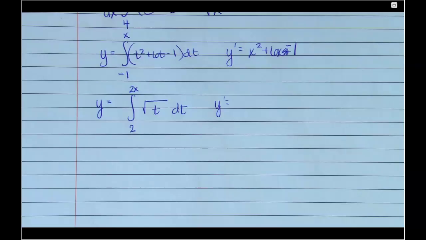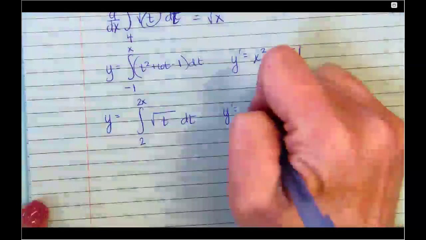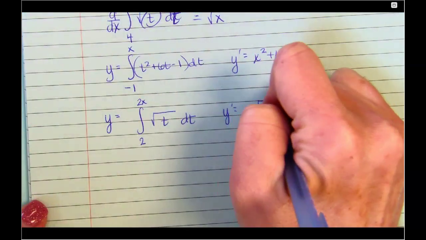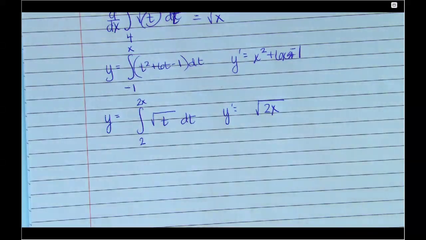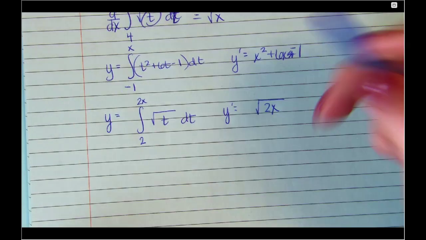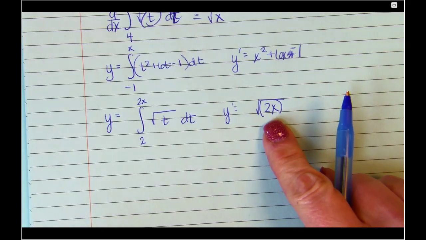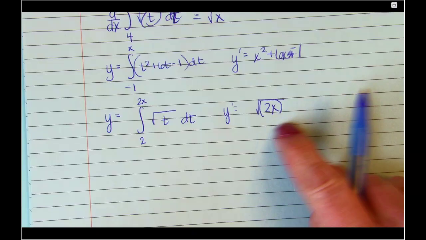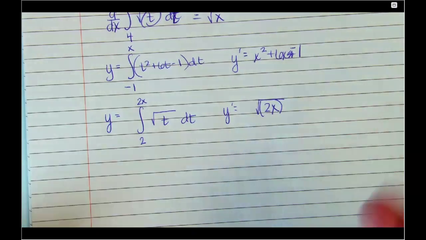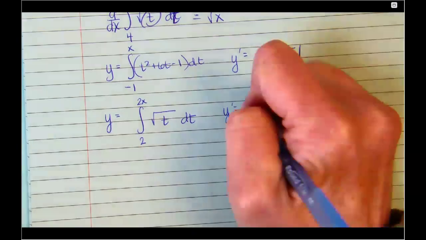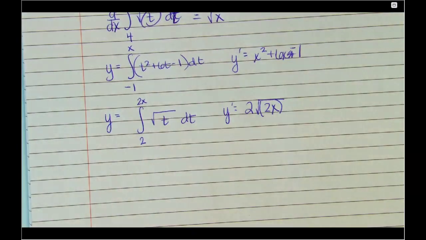I'm going to guarantee that most of you are going to say to me that the answer is square root of 2x. But it's 2 times the square root of 2x. Okay, why? Chain rule. So this is a derivative. We have replaced this. This is our inside function now. When we do the derivative of anything with an inside function, it needs the chain rule. So there's a sneaky little bit in there with the chain rule, but otherwise it's the same, right?